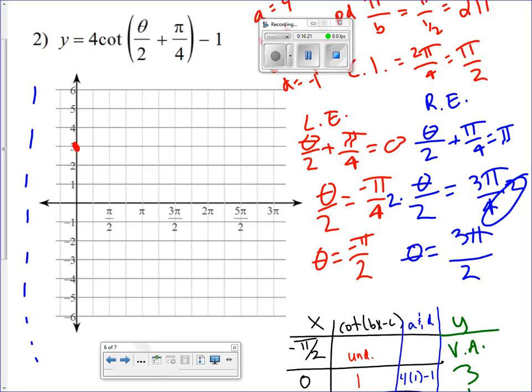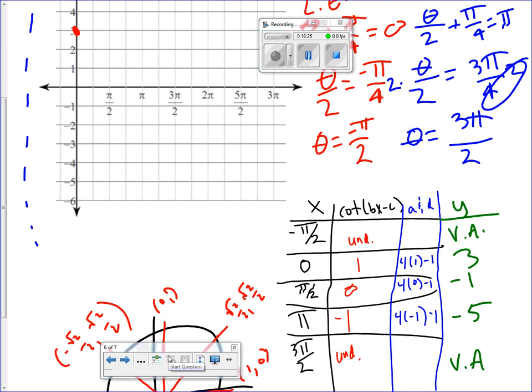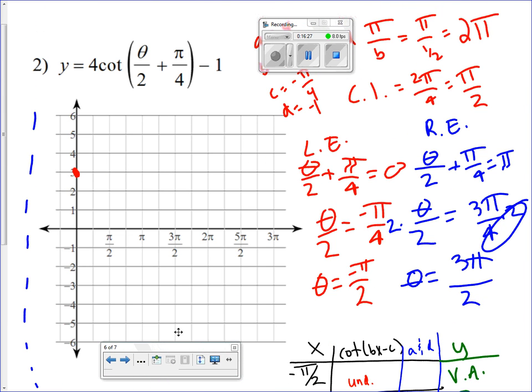And then at π/2, I'm at -1, and at pi, I'm at -5. So amplitude is really just the vertical distance between those points. Notice it's 4. And then at 3π/2, my right endpoint, there's my next asymptote.